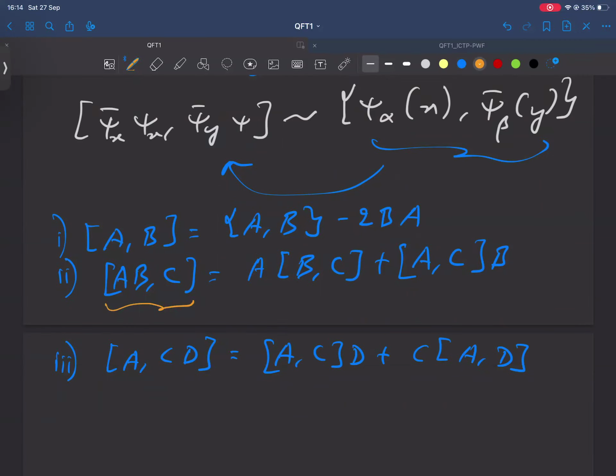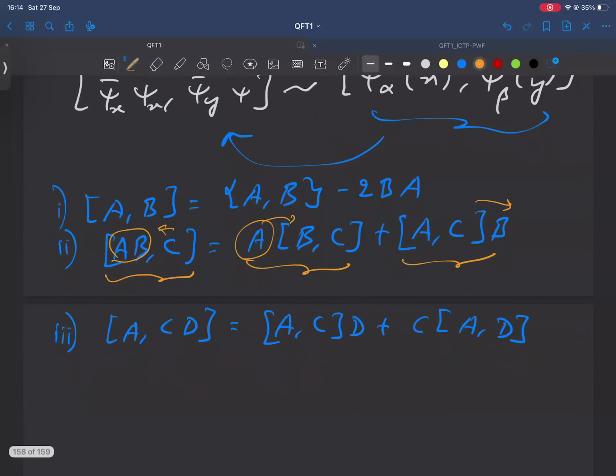Let me briefly explain what is going on here. A and B are multiplied and then a commutator is taken with C, so the ordering A, B should be preserved, and C acts this way. When you expand this out using the distributive property, the commutator distributes as B, C, and A remains on the outside because that's how A acts on B and C. Since B was acting on A from the right, B goes all the way to the end, and first comes the commutator of A and C. Similarly here, you take the AC commutator first and D goes to the far right.